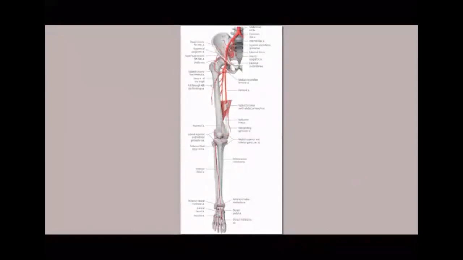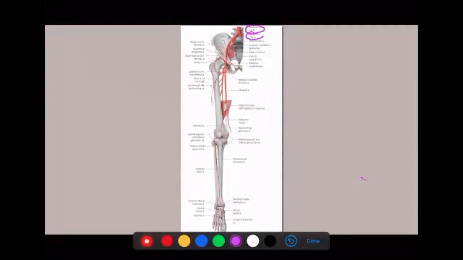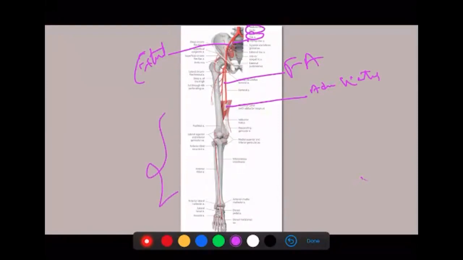This is the abdominal aorta, common iliac artery, internal iliac and external iliac. The external iliac again is the femoral artery, and this is the adductor canal, adductor hiatus. We have the remaining things.